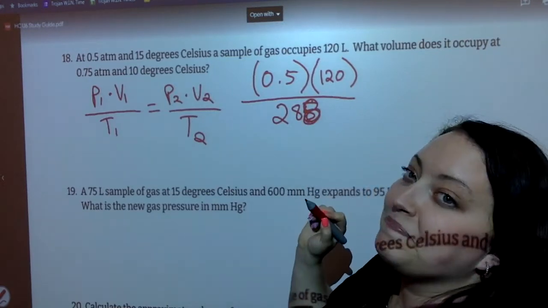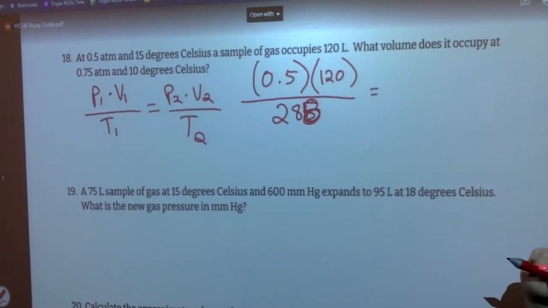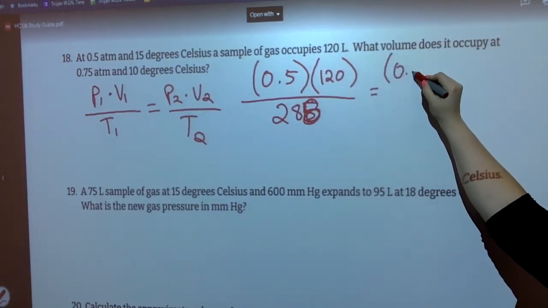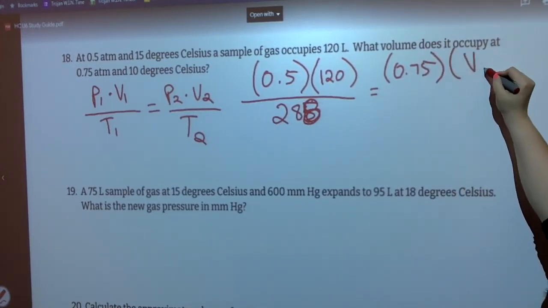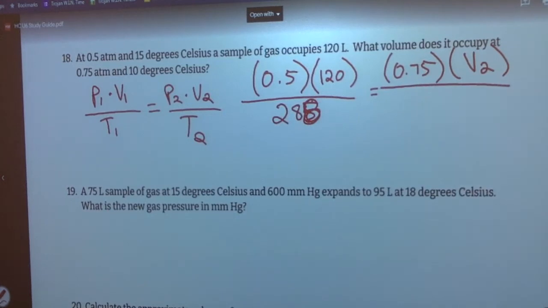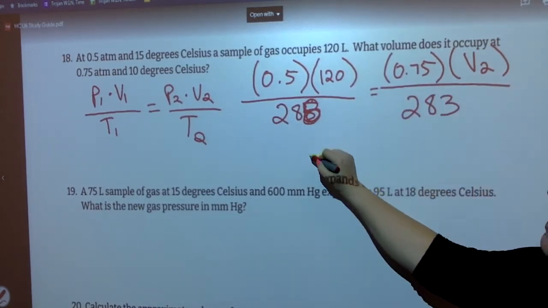So now we're going to have pressure 2. Pressure 2 was 0.75 atmospheres times volume. We don't know, we're going to find that. And then 10 degrees Celsius, so we're at 283.